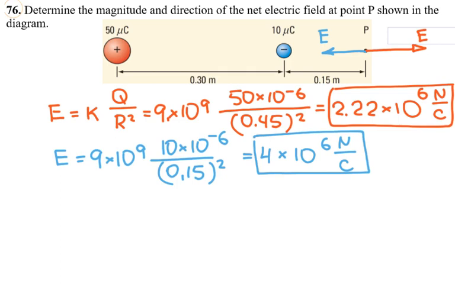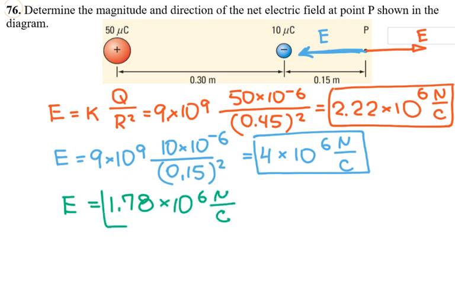Because they're in opposite directions, the blue one is actually stronger because it's closer to the charge. So the resultant is going to be the difference between them, and that is equal to 1.78 × 10^6 newtons per coulomb, and it is directed to the left.